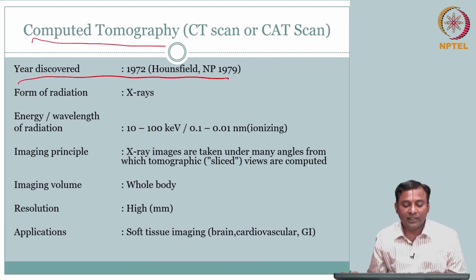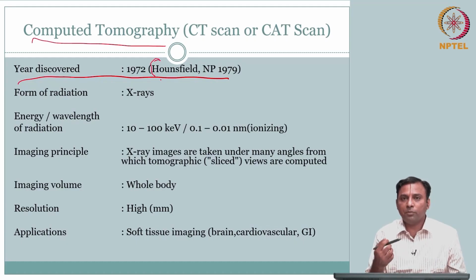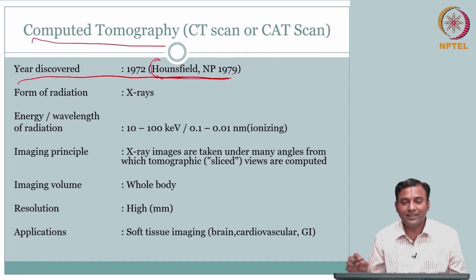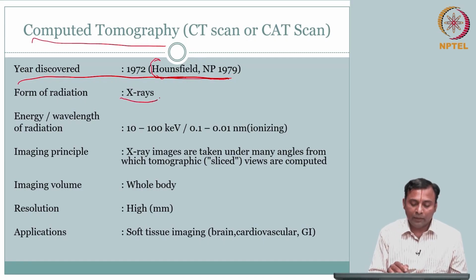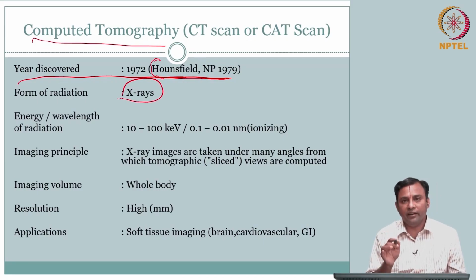In fact, when they say year of discovery here, 1972, this is essentially based on this work where the concept of X-ray projection and the mathematics of reconstruction, computed tomography, was put to use, and for which Hounsfield received a Nobel Prize in 1979. Okay, so again the modality or the form of radiation is X-ray, which was there from before.